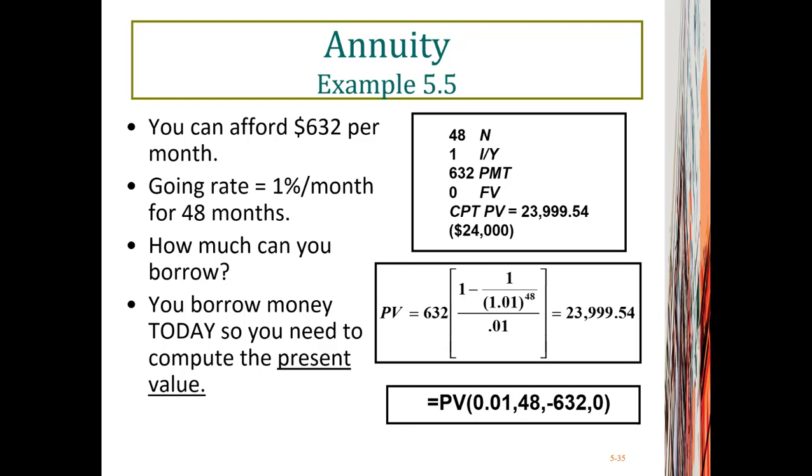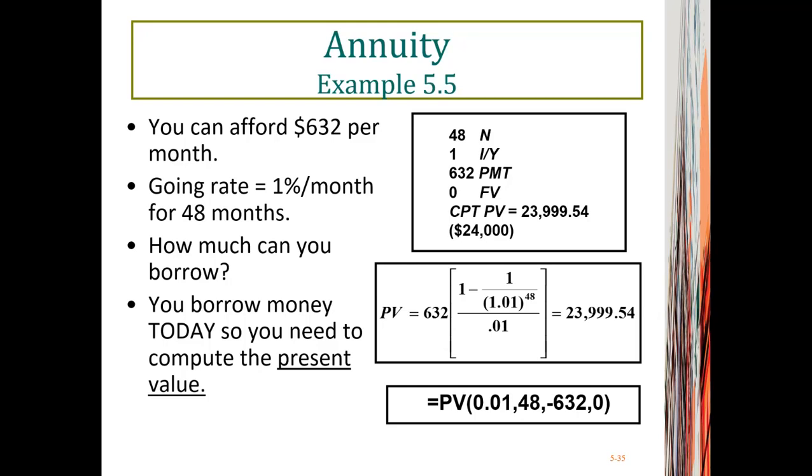PMT, the periodic payment, monthly payment, should be 632. And what is the future value? Well, in the future you're going to pay off your vehicle loan, therefore the balance should be 0. So FV should be 0. Then you compute PV. Your calculator will show you the answer: $23,999.54, or approximately $24,000.